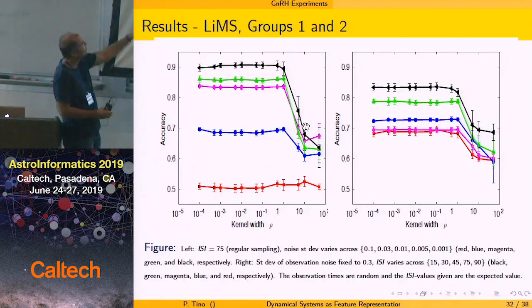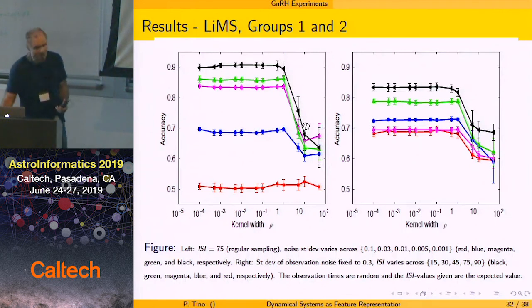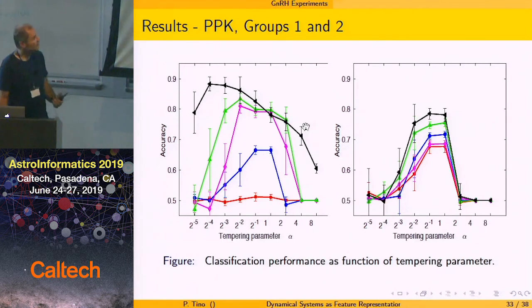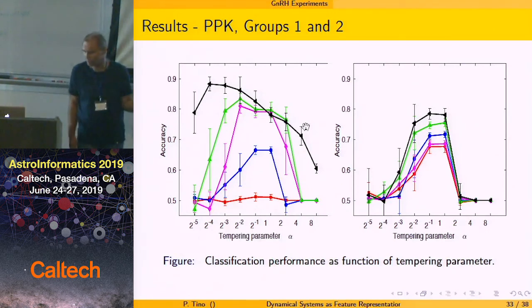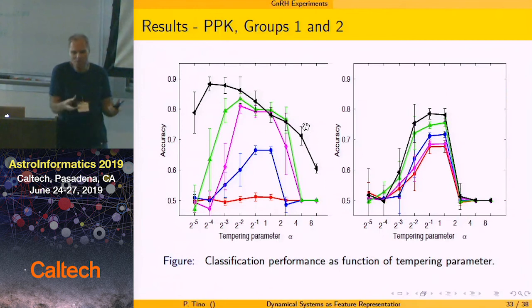So this is the performance of our classifier, given different complexities, noise levels, and observation time frequencies. And this is the performance of the traditional thing that machine learners would do. It's called probability product kernel. If you wanted to use kernel machines, such as support vector machines, you use a kernel that operates on distributions, so this is what you get.